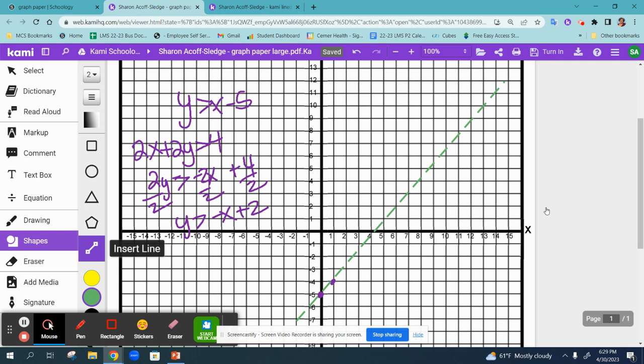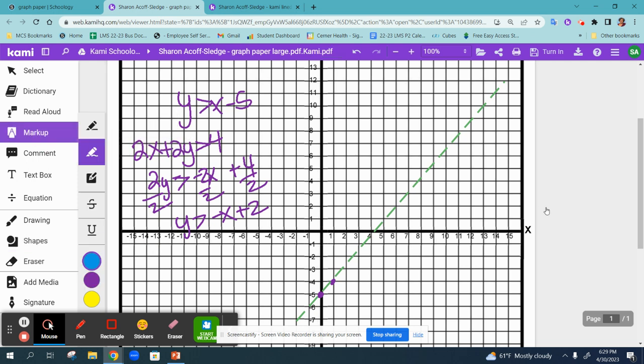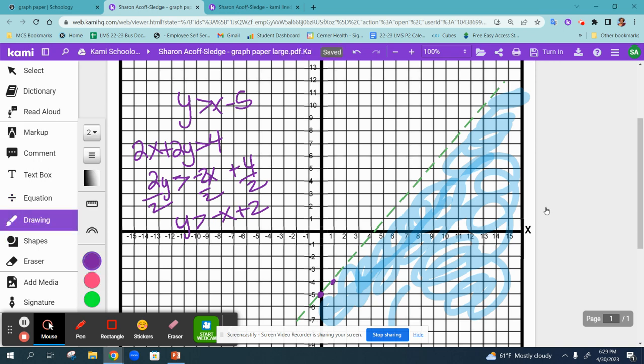Okay, and y is greater than x minus 5. We're going to shade over here. And then my next one is y is greater than negative x plus 2, so that's 2.